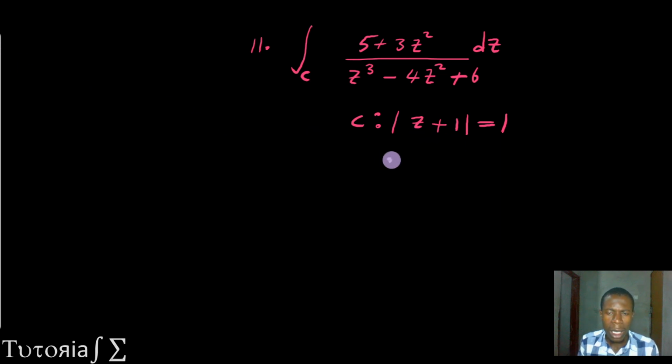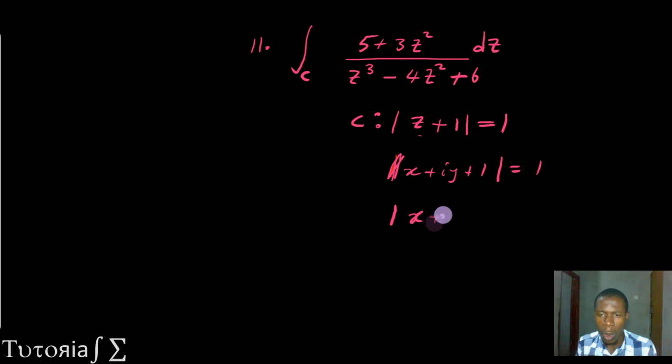So basically, this z breaks down as x plus iy, equals 1. So what you do here is group the real parts and the imaginary parts. So that is the real part with x plus 1 and the imaginary part by y, equals 1.